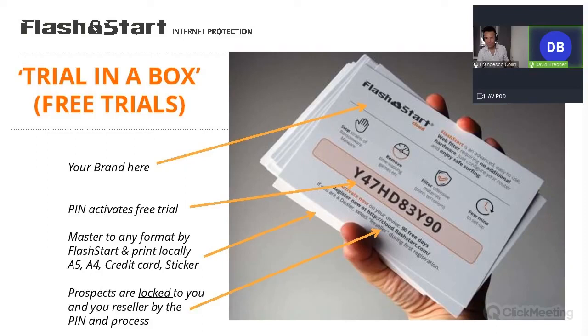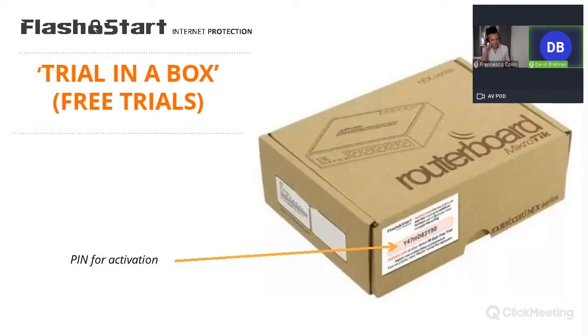We create the PDFs, send them to you, and then you can print these off locally. And in the next slide, it's quite nice because you see here the PIN number attached to the side of a router box. So attaching one of these with every router box sold or every form of whatever hardware allows you to get instant visibility within your existing distribution chain. Francesco, did you want to come in there?